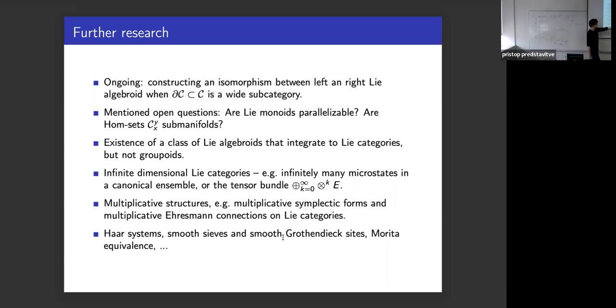These kinds of structures have been researched for Lie groupoids, and now, of course, there's an analogous notion for Lie categories, and the question is whether you obtain any new phenomena that you haven't obtained in the invertible context. And there are also Hardy systems, smooth sheaves, smooth Grothendieck sites, Morita equivalences for Lie categories.